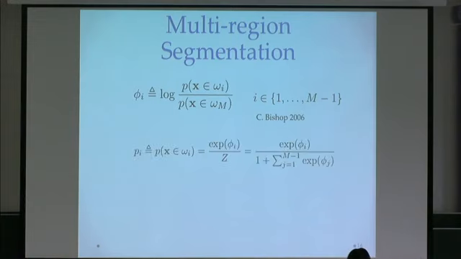So the Heaviside, or the probability that a voxel x belongs to a particular region, is the exponent of phi i over 1 plus the sum over the exponents of all the other phis, or level set functions.